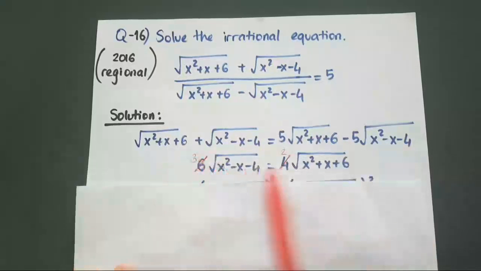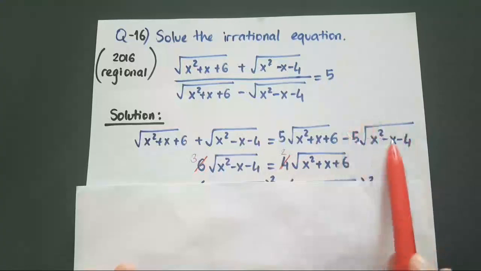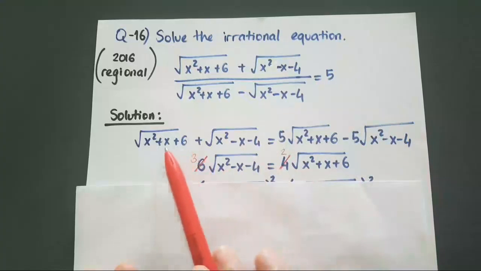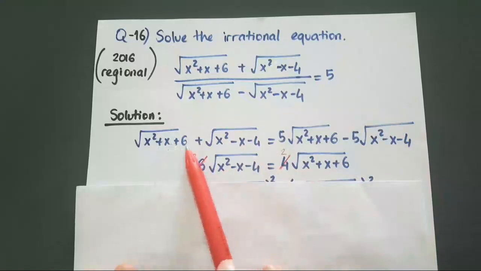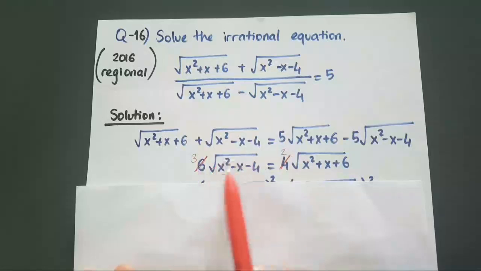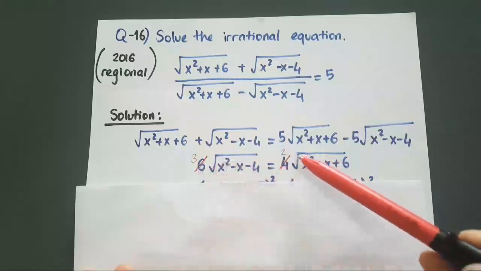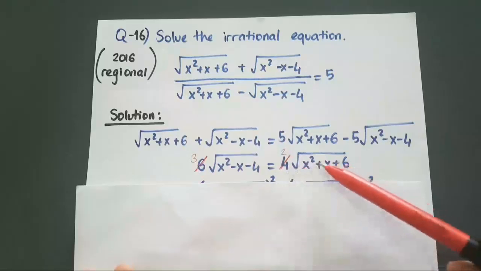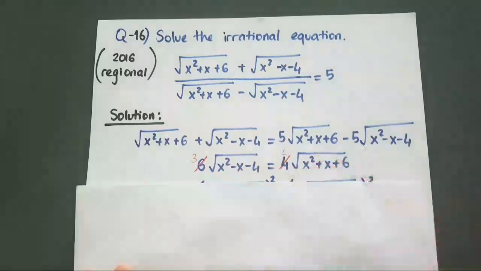When I take this negative 5 times the root to the other side and the x squared plus x plus 6 root to the right side, I will get 6 times root of x squared minus x minus 4 equals 4 times root of x squared plus x plus 6.